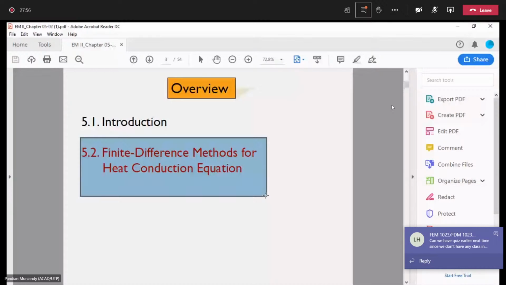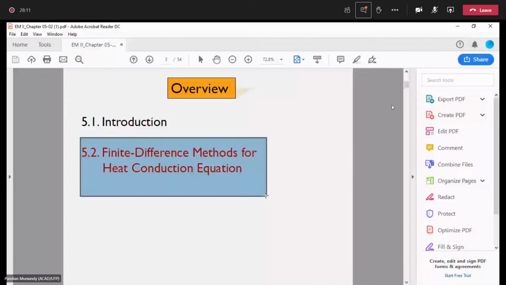So what is the finite difference method for solving the heat conduction equation? First of all, we want to see the learning outcome. FD stands for finite difference, because this is the shortcut format.